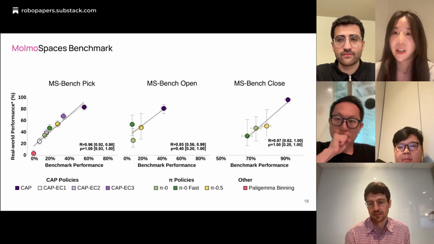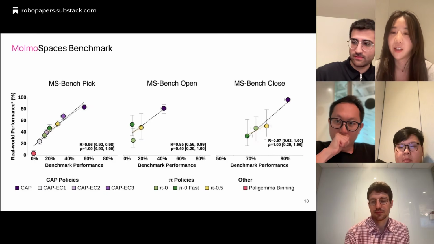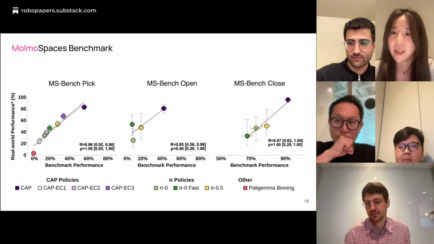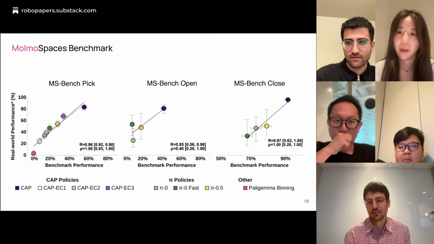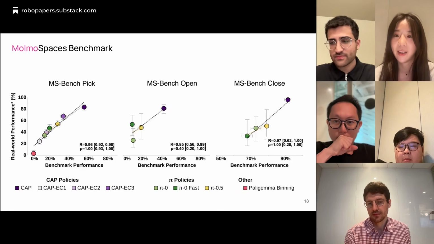Because we have simulation of thousands, even hundreds of thousands of scenes, we can look at how it generalizes across different unseen, novel environments and backgrounds. So we think both scale and diversity are important, and simulation provides that.